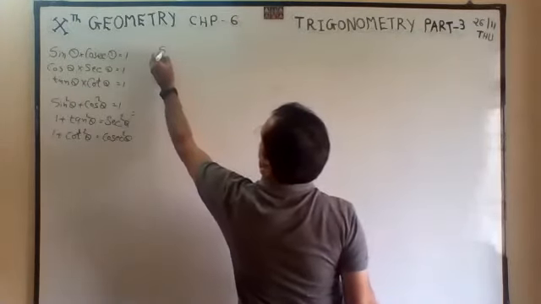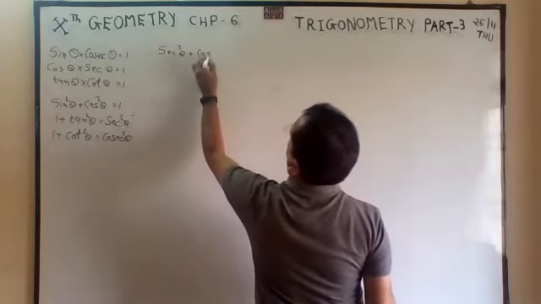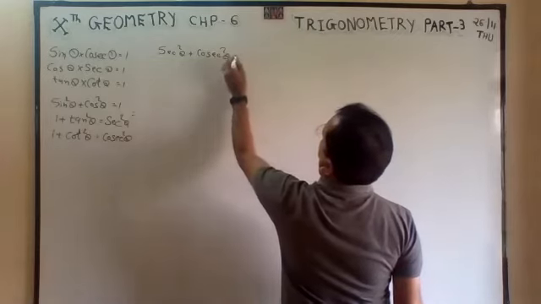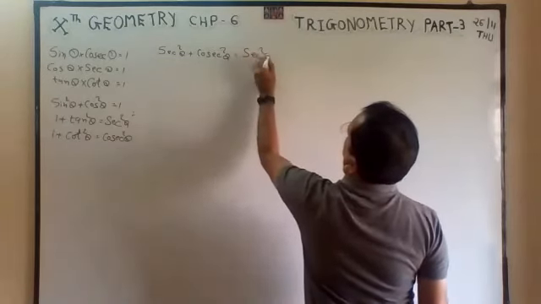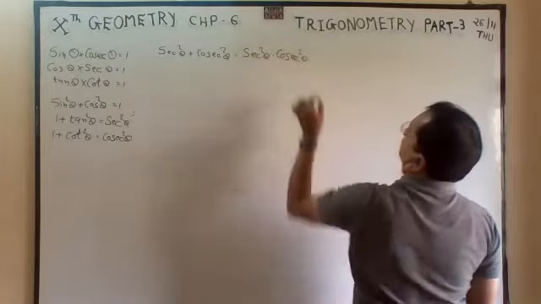One equation is sec square theta plus cosec square theta is equal to sec square theta cosec square theta.